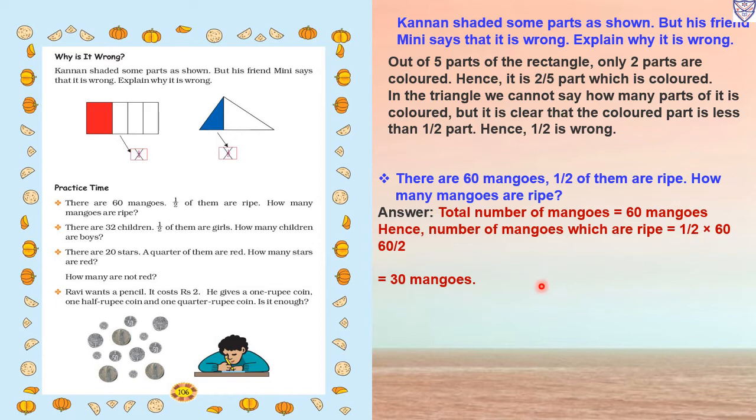So there are 30 mangoes ripe. First we will take 6, then 2 3s are 6. So 6 minus 6 we will get 0, the other 0 we will carry down. In quotient also we will write 0, means 30 mangoes. Therefore 30 mangoes are ripe.